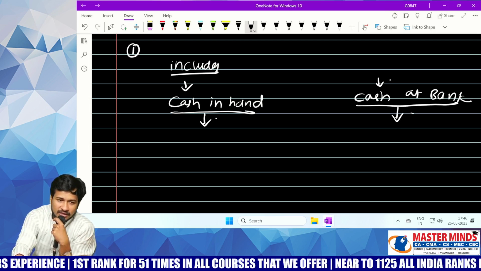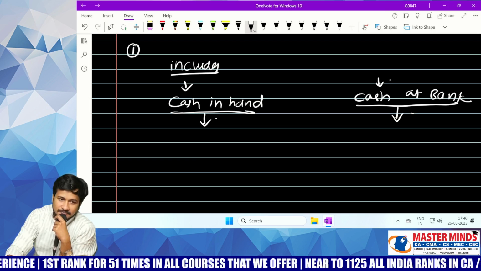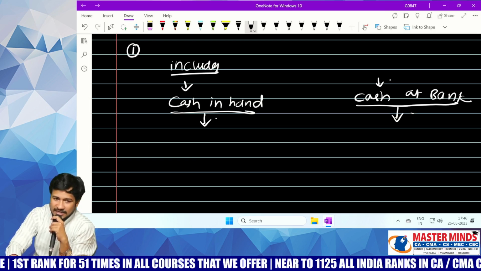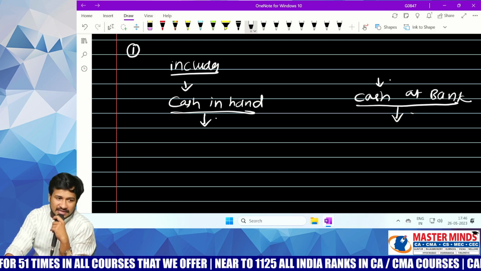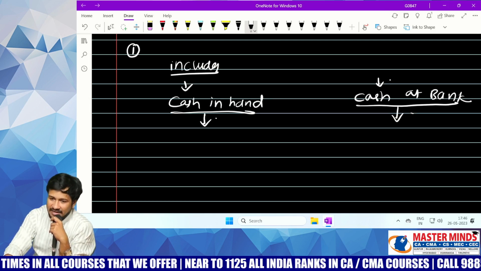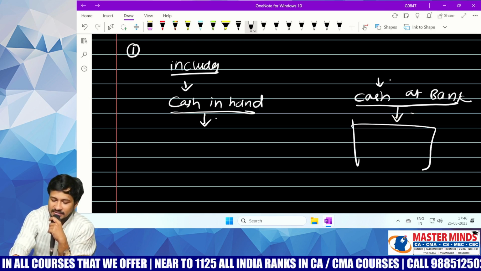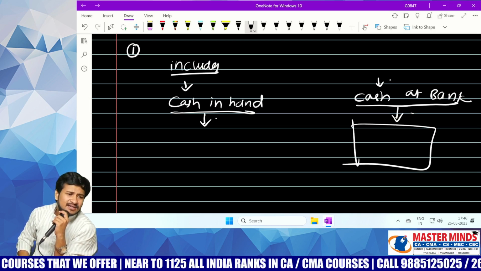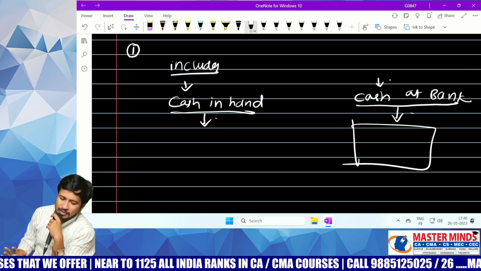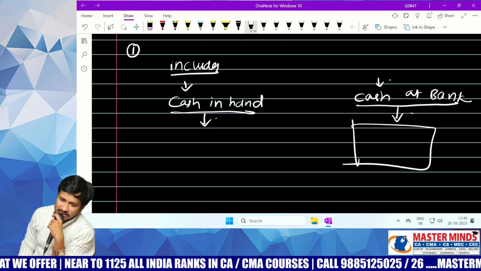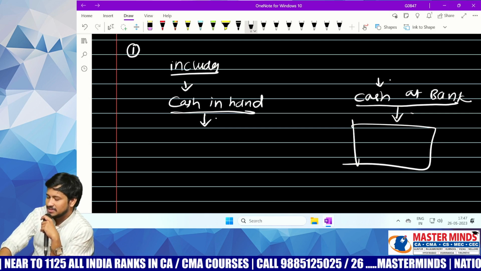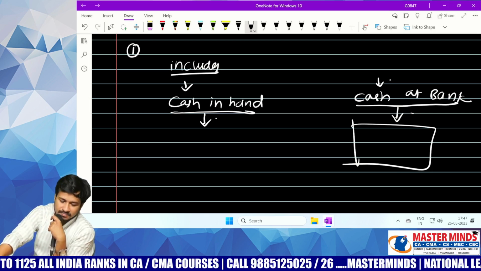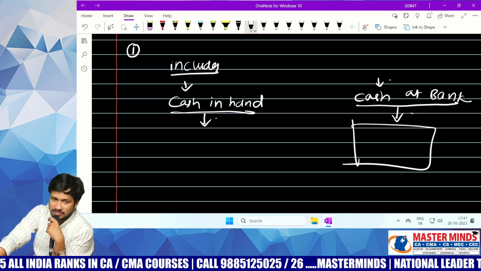Underline it and put a down arrow mark, and write there: amount with current deposit account.